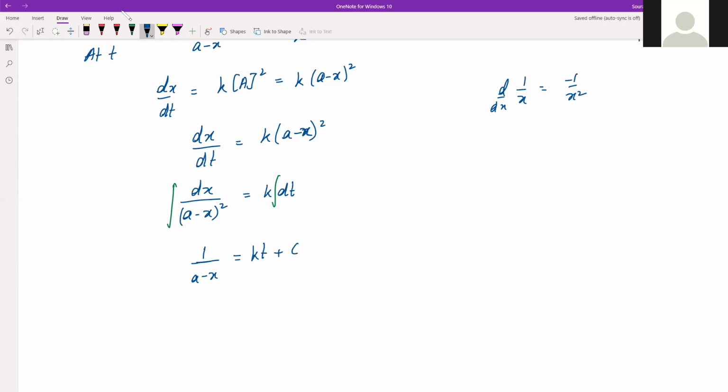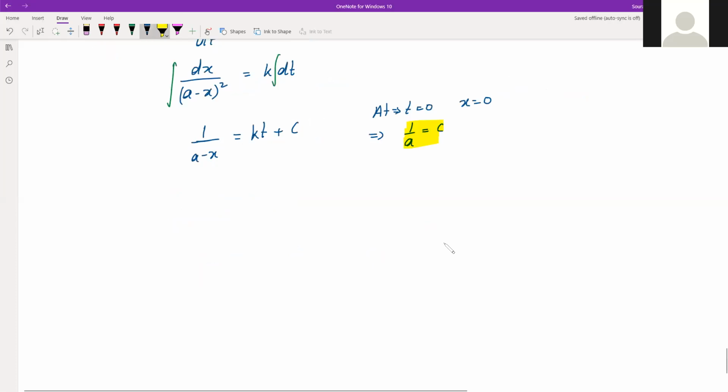Again we have to find the value of c. So for that we will take t equal to 0, when t was 0, x was 0. So if we substitute that here, that means 1 by a is equal to c. This is the value of c which we can substitute here. So if we do that, I'll have 1 by a minus x is equal to kt plus 1 by a.